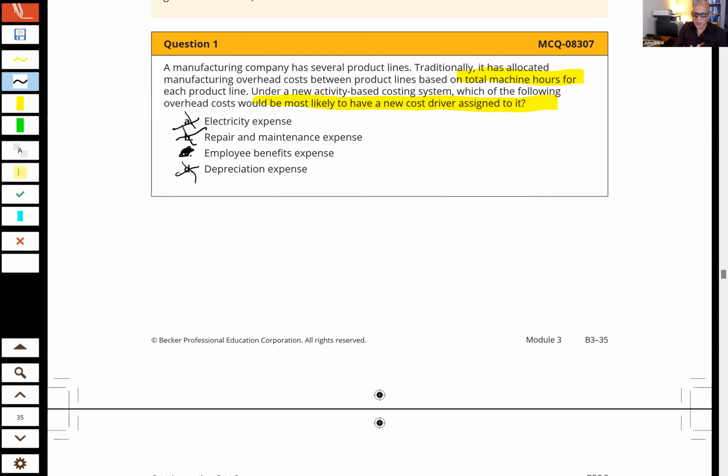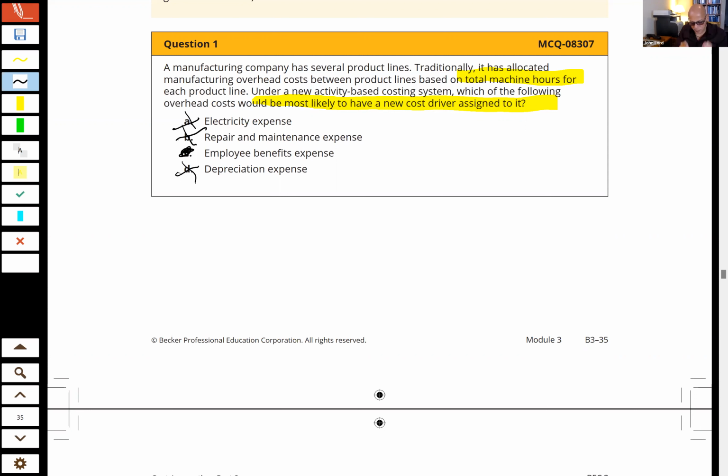Employee benefit expense, we have what? We have lots of different employees. Some of them maybe are involved in the machines, but some of them are maybe accounting staff. We could have some that are HR staff. We could have some folks that aren't even involved in machines. Maybe they're involved in design of the product, that sort of thing.